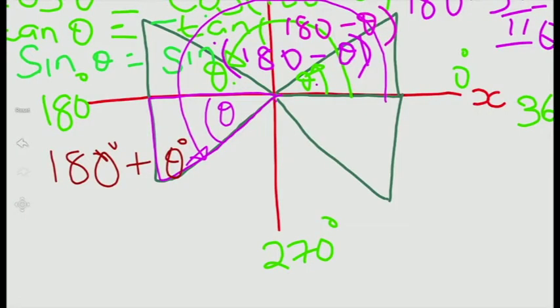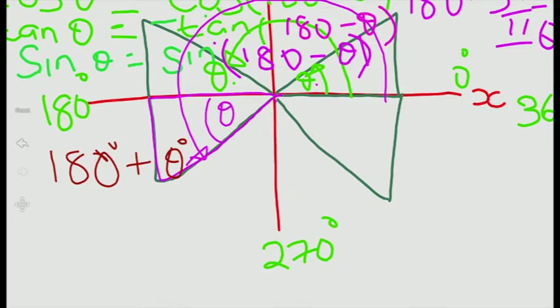In the third quadrant, we find that the x value is negative and the y value is negative, which means for the sine, we'll have negative y over r, which will give you a negative sine. For the cosine, we'll have negative x over r, which will give you a negative cosine. And then for the tangent, you would have negative y over negative x.